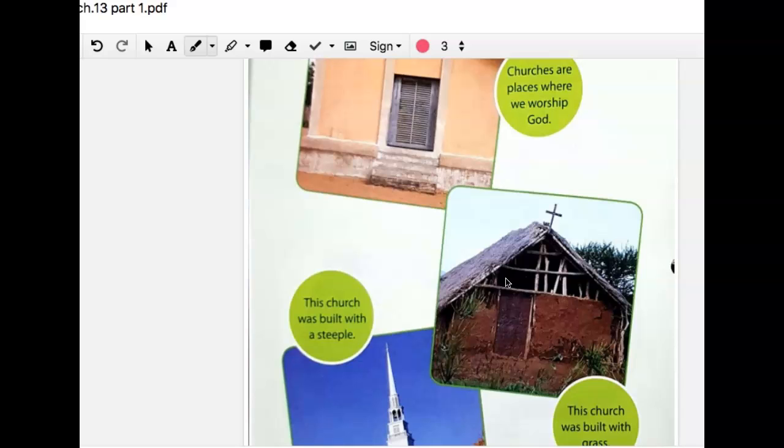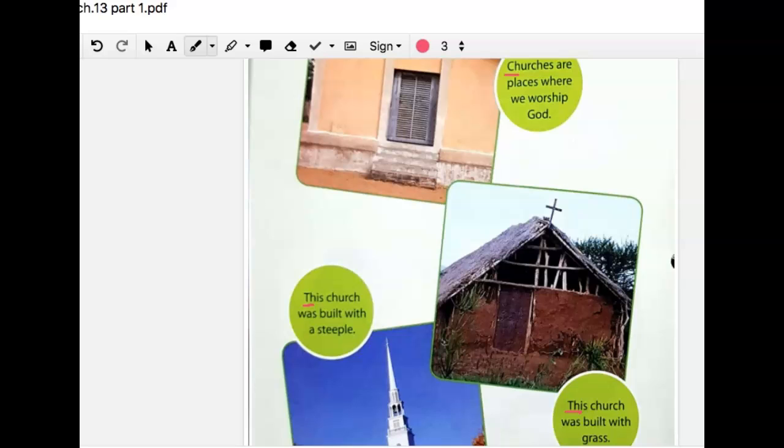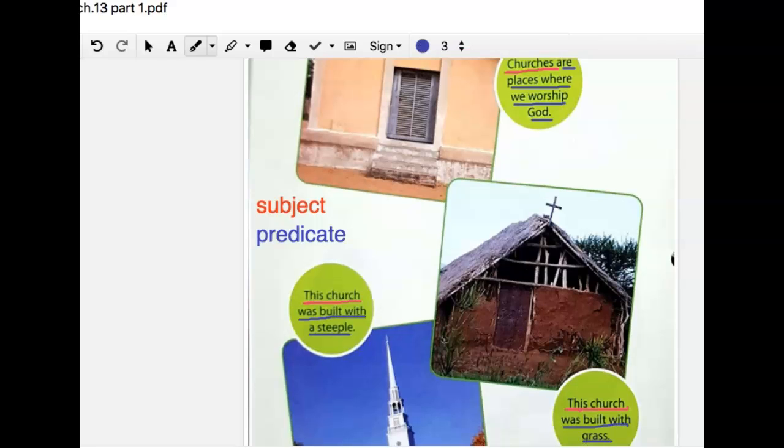So all of these three sentences start with a capital letter, and they are all about a church. But each sentence explains different things about each church. So the church in all three sentences is called the subject. And the rest of the sentence that's written about the church is called the predicate.